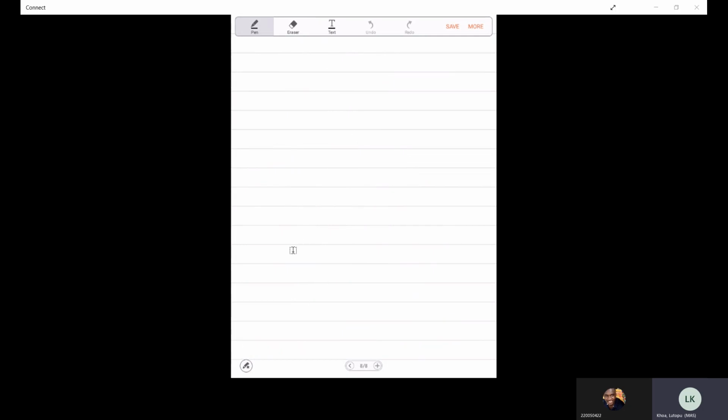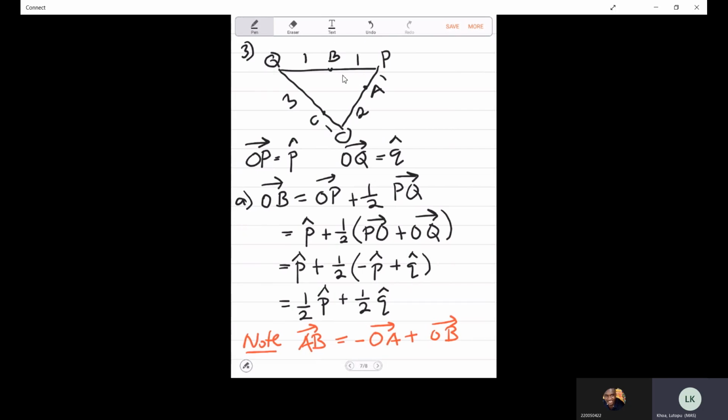Let's look at 3B. We have to write OA or find OA. Now, to go from O to A, that is just going 2/3 of the way from O to P, because this is 2, that's 3.